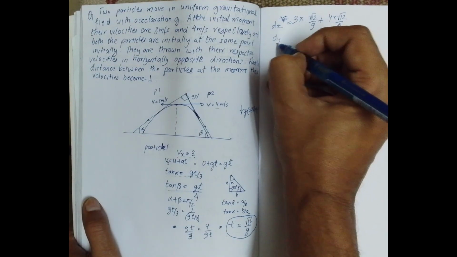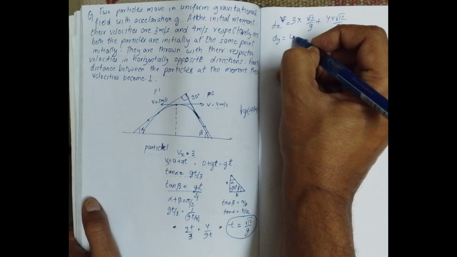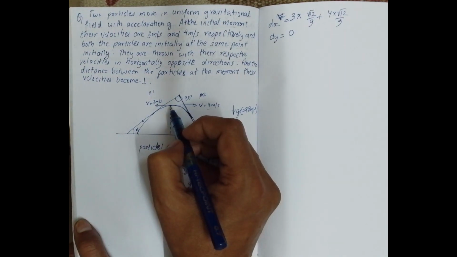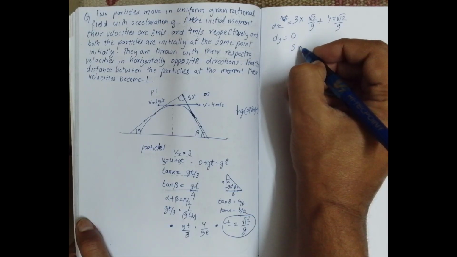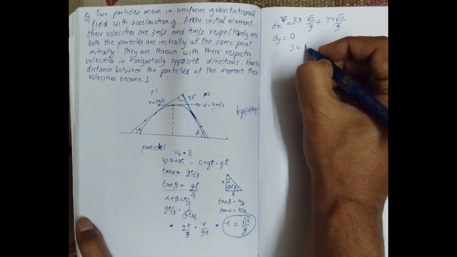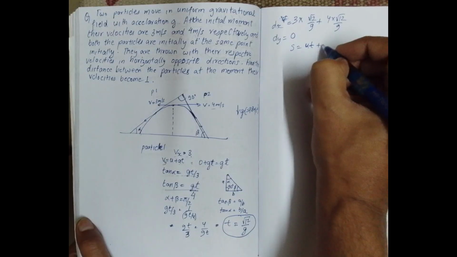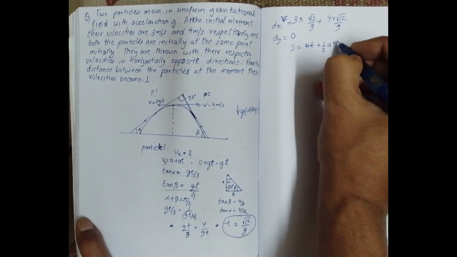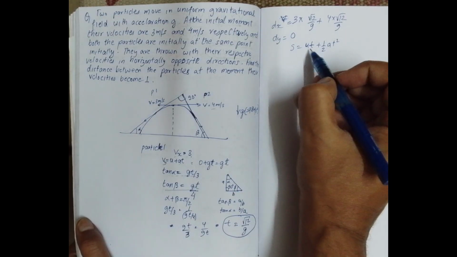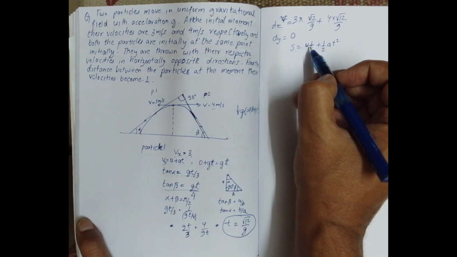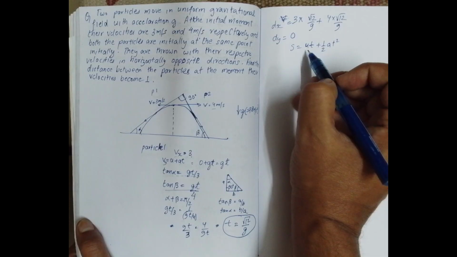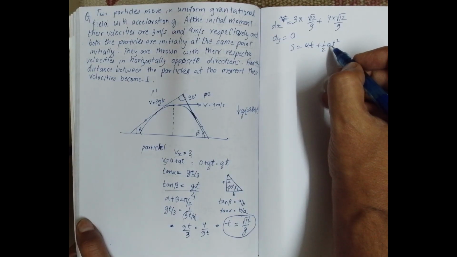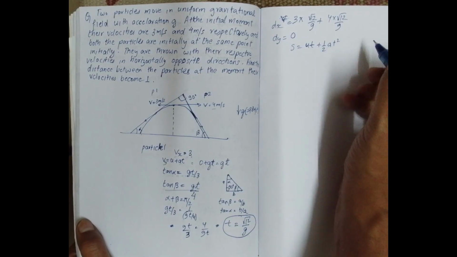Total vertical separation will be equal to 0. Why? Because the vertical displacement of either particle is given by S is equal to ut plus half a t square. For both the particles, the initial velocity in the vertical direction is 0, the acceleration is g in the downward direction, and the time is any time t.